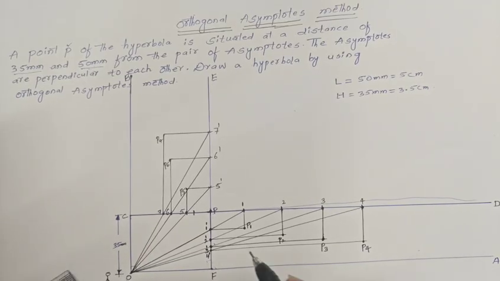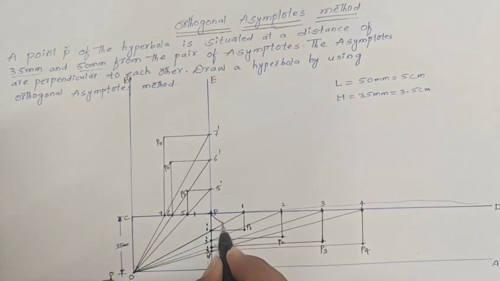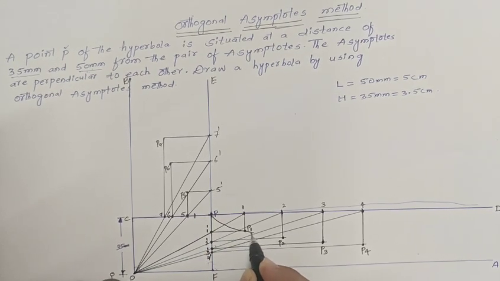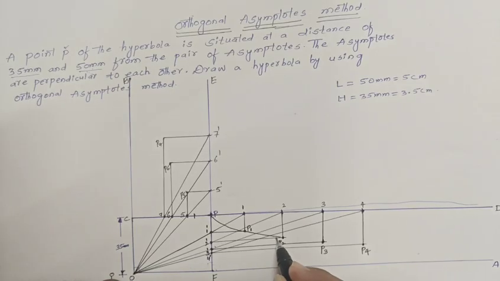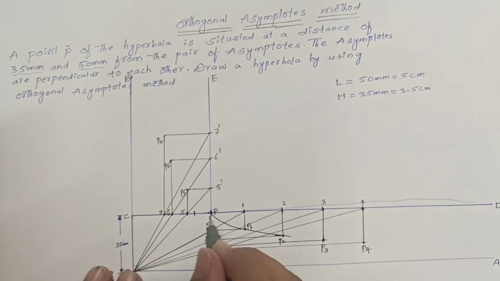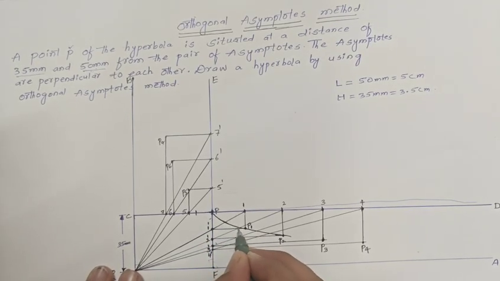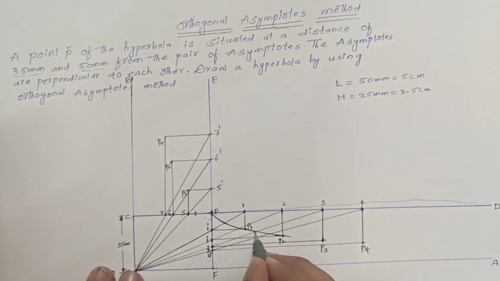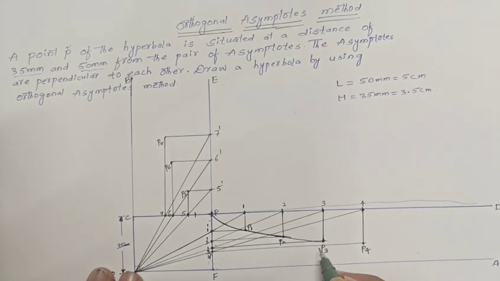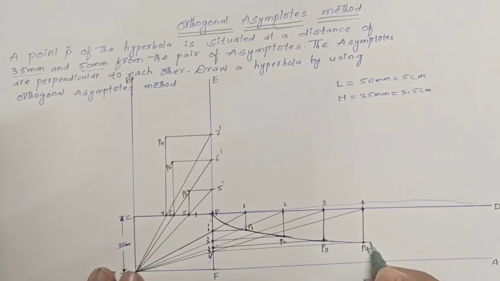Or you can join by freehand also, like this. 0 to P1, P1 to P2. So I am using a different pen. Okay, you will understand easily. 0 to P1, P1 to P2, P2 to P3, P3 to P4.